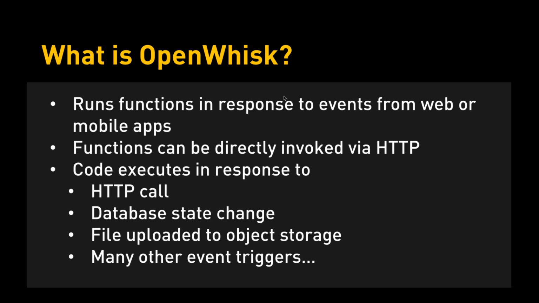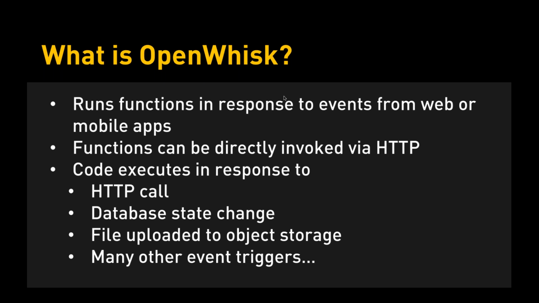So the code that you deploy as a function in OpenWhisk can be executed in response to a synchronous HTTP call or a database state change. For example, CRUD operations performed to a database can trigger the code that you have deployed in OpenWhisk. You can also easily integrate it with open source object storage environments, for example, Minio.